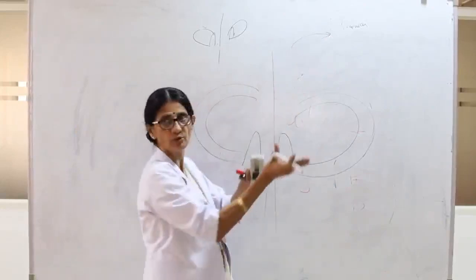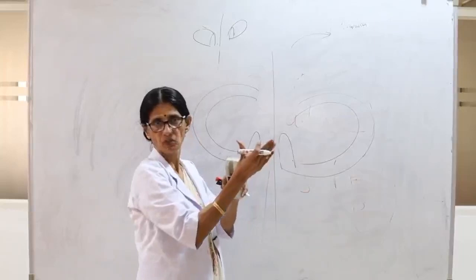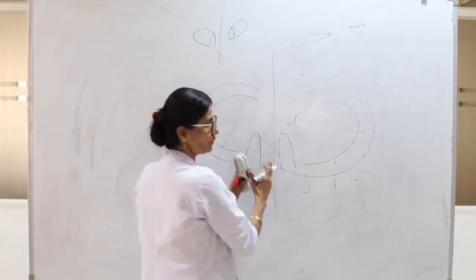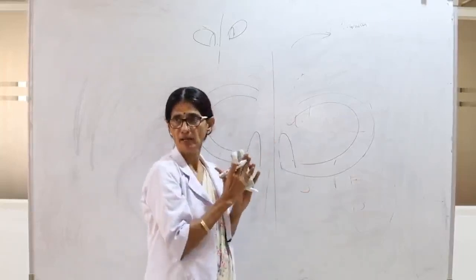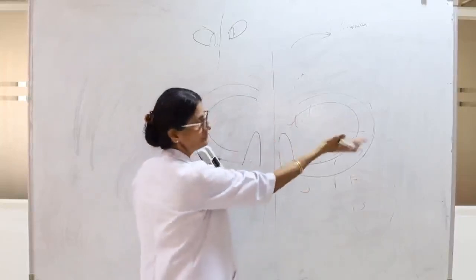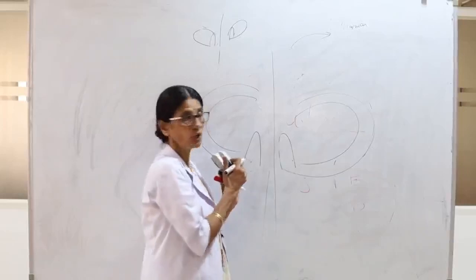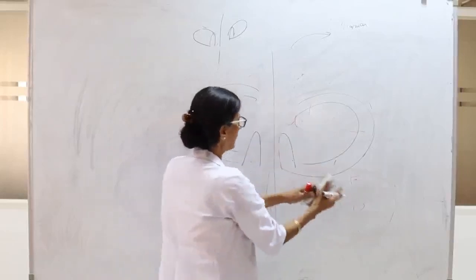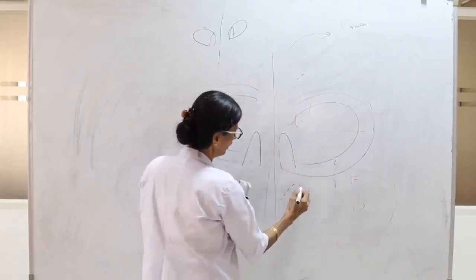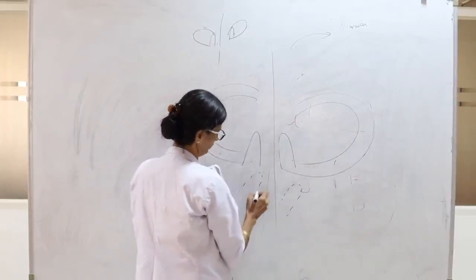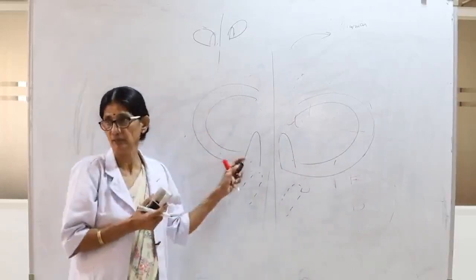The bony labyrinth also moves to the right side, isn't it? Now we have the cupula which was upright at rest. What will happen when the bony labyrinth moves to this side? The cupula will also be displaced to the right side. So here the cupula will be going to this side. Here again this goes to this side. That is what is going to happen.